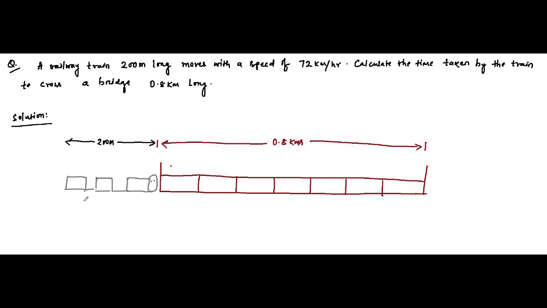Now we can say that this train has crossed the bridge. What does it mean that the train has crossed the bridge?